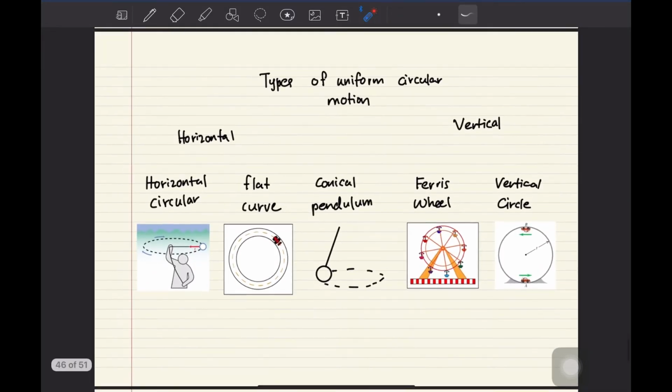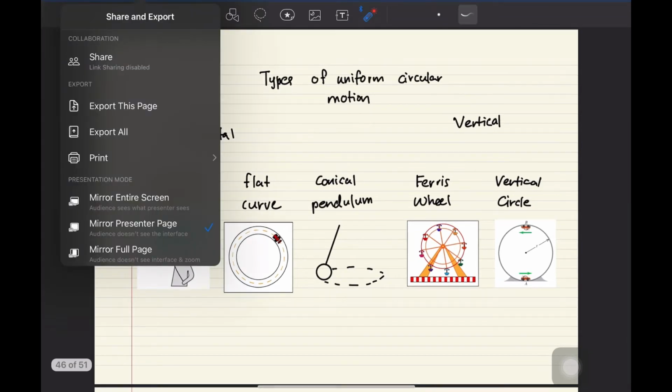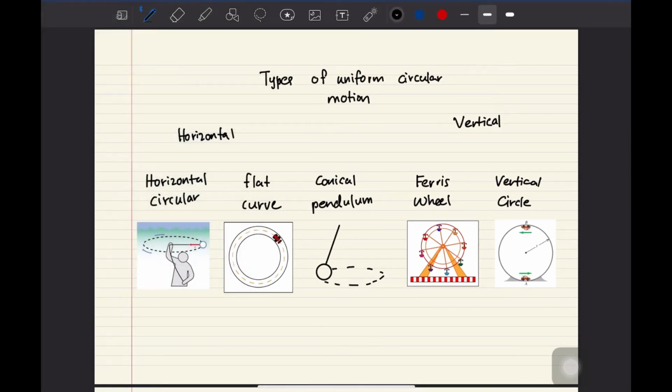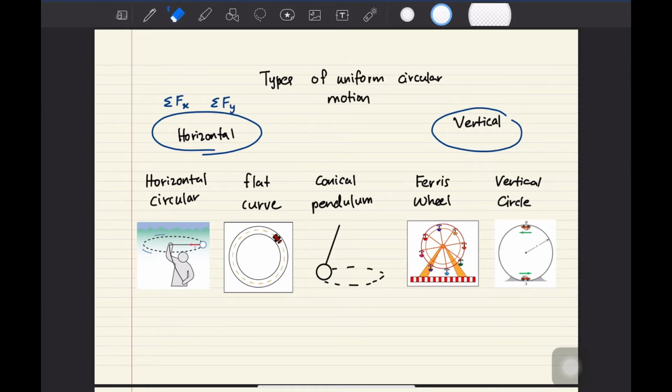There are a few types of uniform circular motion that you need to know. Basically you can divide into two types. One is horizontal motion, another one is vertical motion. For horizontal motion, it used to be Fx and Fy, and the Fx now will have Fc.